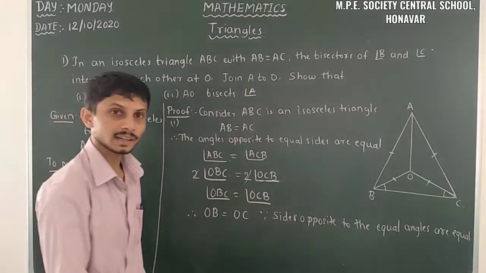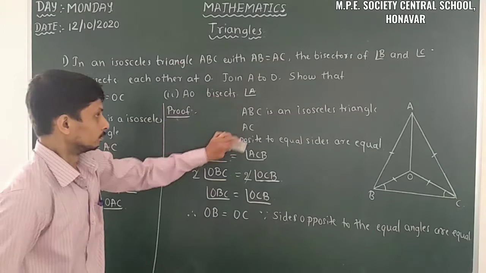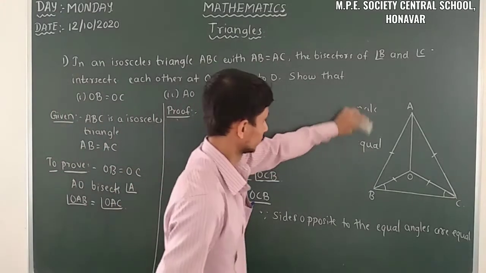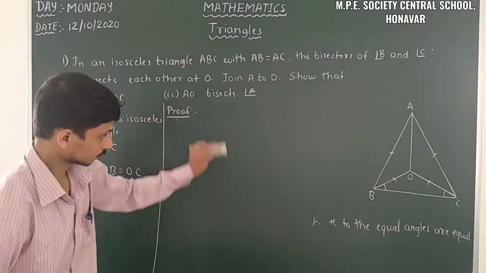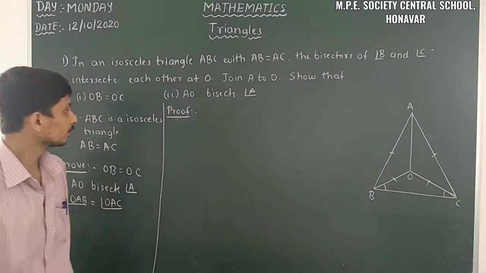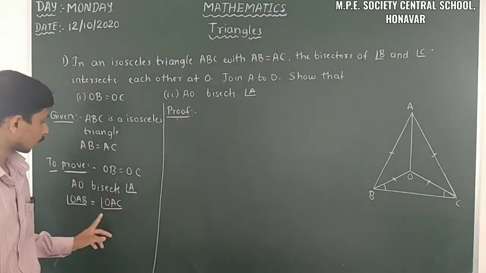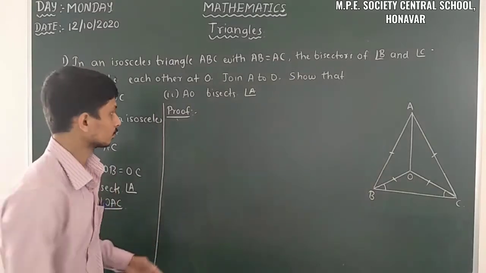Let us take the second part of this problem. Here we have to prove angle OAB is equal to angle OAC.